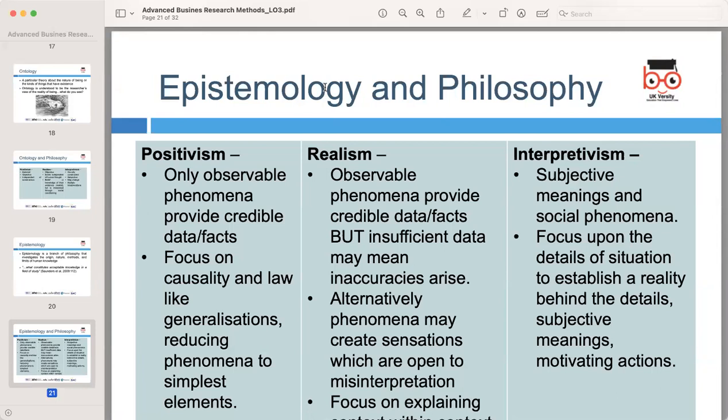Interpretivism places a strong emphasis on subjective meanings and the social aspect of phenomena, seeking to uncover the underlying reality behind the details. So these three perspectives offer different lenses through which we can view and understand the world around us.